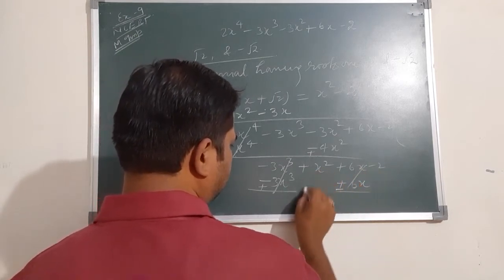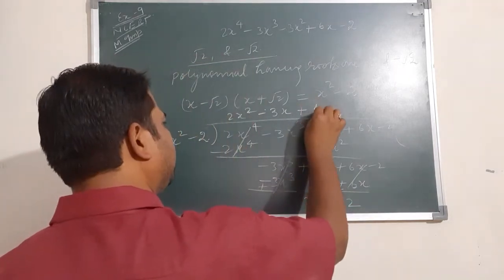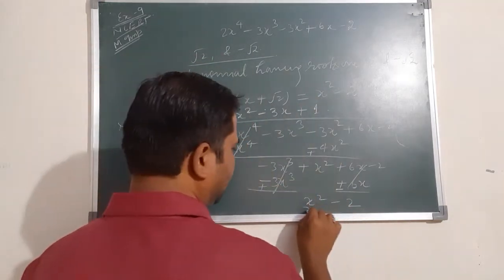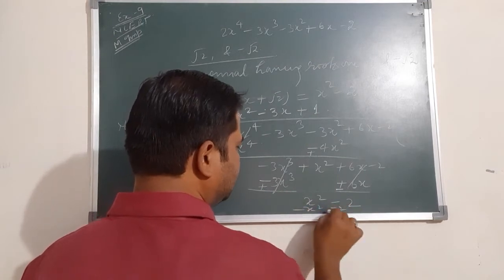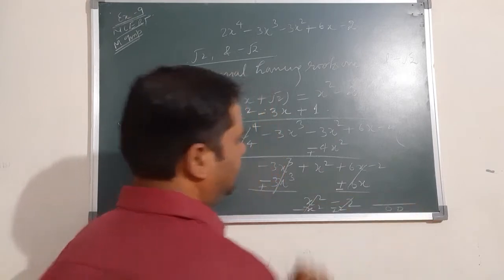Now this term is plus x square and minus 2, and if we multiply it by 1, you get x square minus 2, and this is cancelled out, so the remainder is 0.